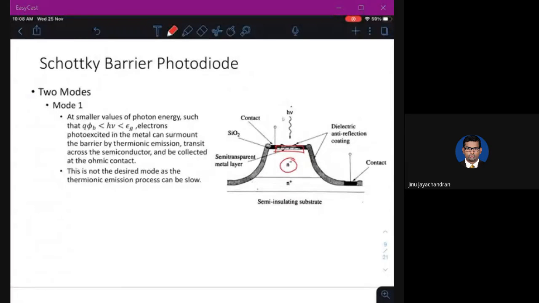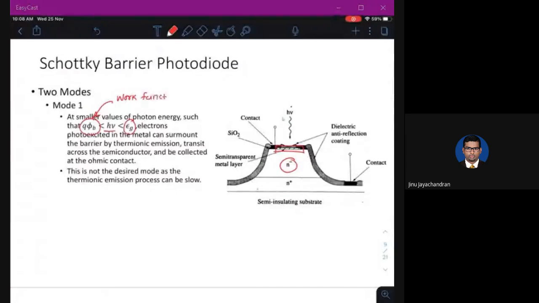So when the photon is incident on the metal, if the photon has enough energy to create that free electron, then those electrons can also contribute to the photocurrent. Okay, so mode 1 is the mode in which the photon energy is less than the band gap energy of the n minus region, but is greater than the work function of the metal.